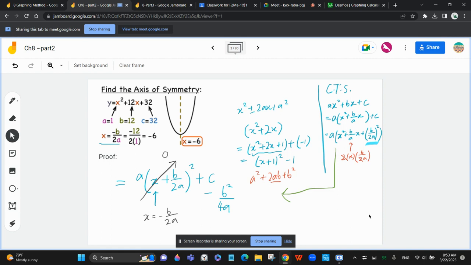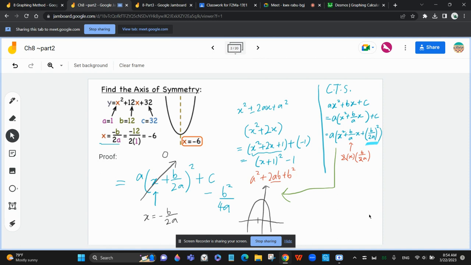When a is negative, the function will be upside down, and the vertex will have x coordinate negative b over 2a.